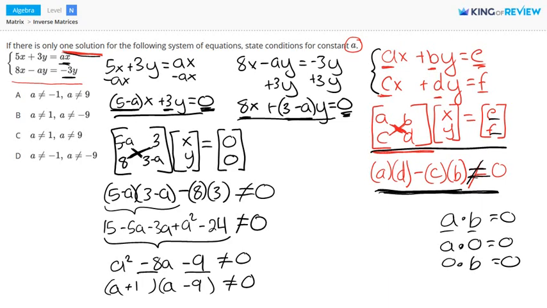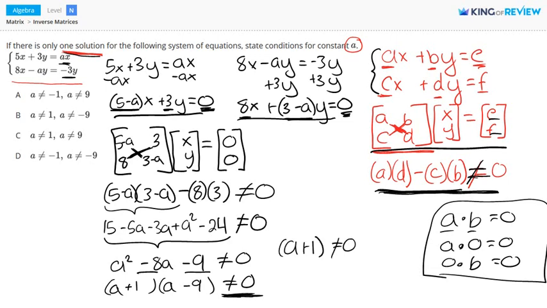In this case, we want to know what does not equal 0. So we can apply the same principle here, but we know that we're looking for one that does not equal 0. So we have a plus 1 does not equal 0, and a minus 9 does not equal 0.